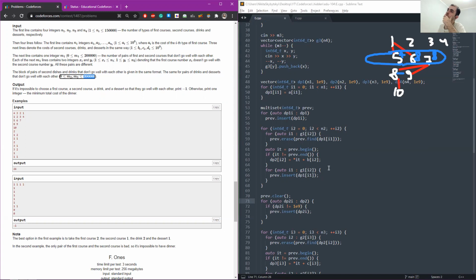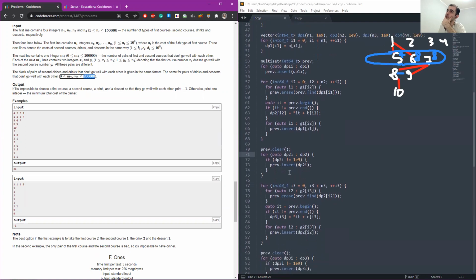No, it actually makes more operations with multisets, right? Yeah, the constant is bad.